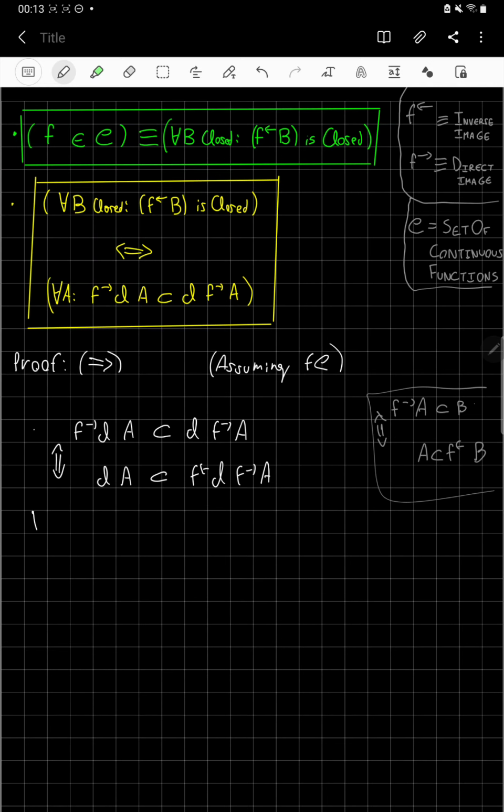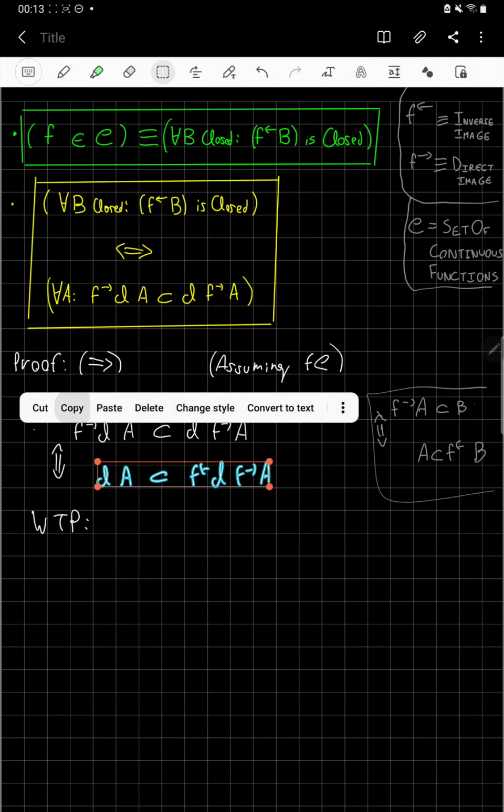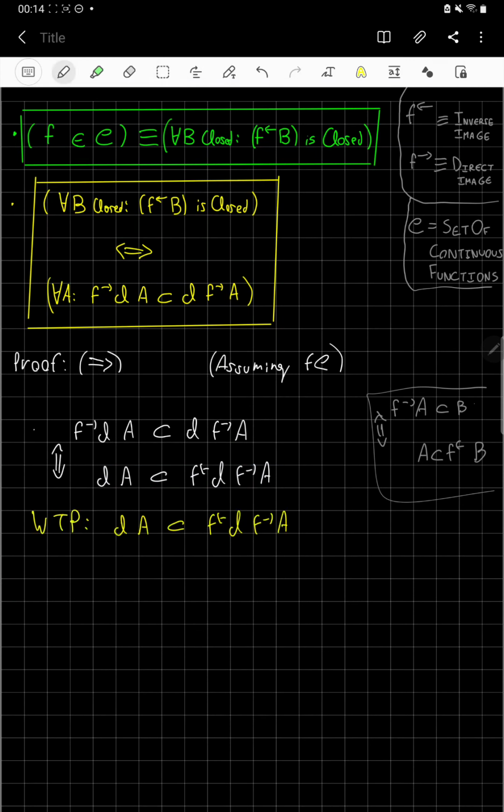Okay, so we want to prove this one. We want to prove this in yellow. Now, if we erase this, this would be true. So the statement is almost true. Another fact we know is that A is contained in the inverse image of the direct image of A. So we know this contains A. Let's try to do something with this.